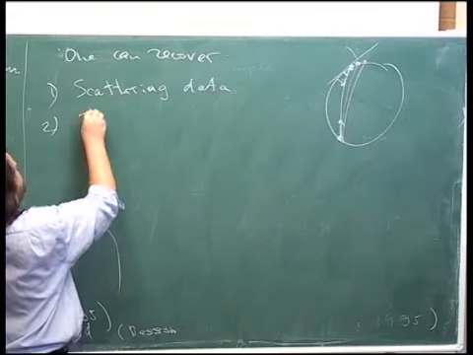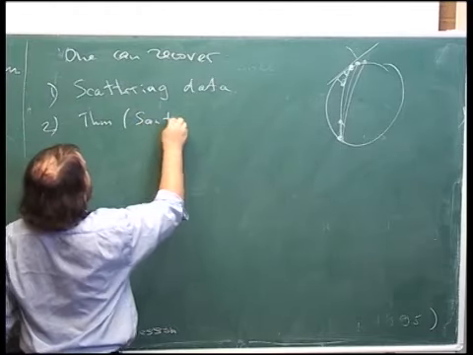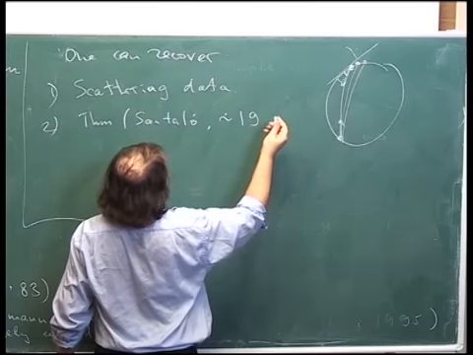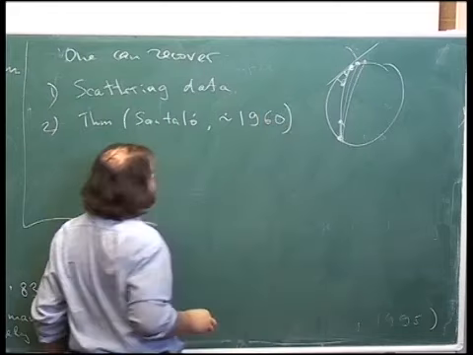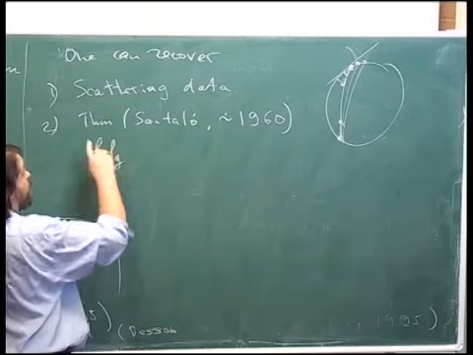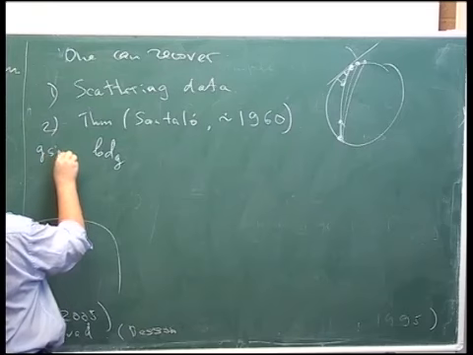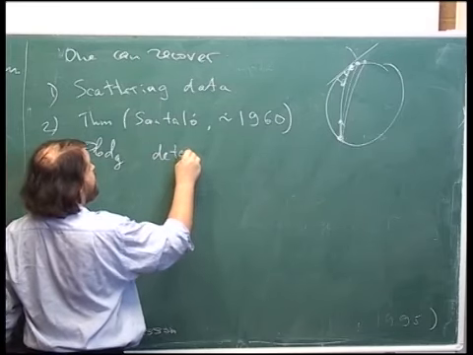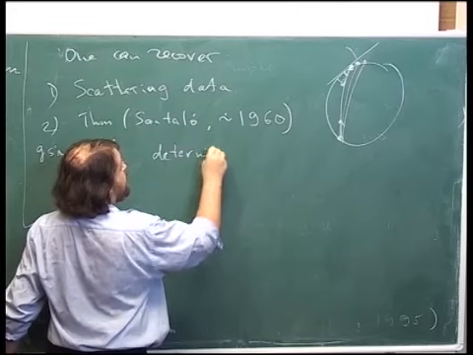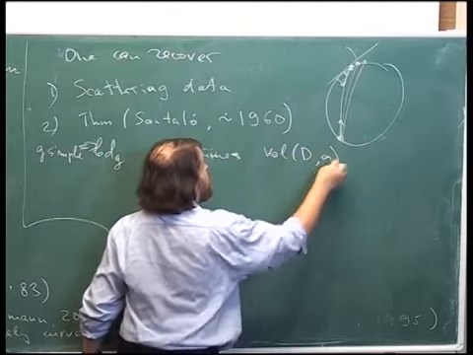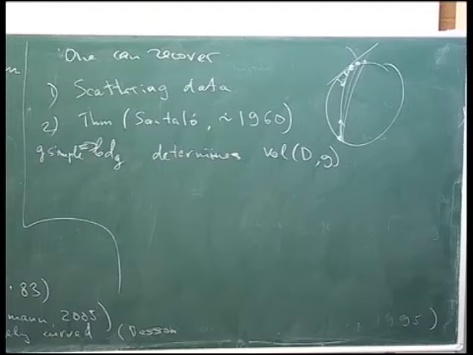This is a theorem due to Santaló, a very classic thing from about 1960, which says that for a simple metric, the boundary distance function determines the total Riemannian volume. This is done as follows.